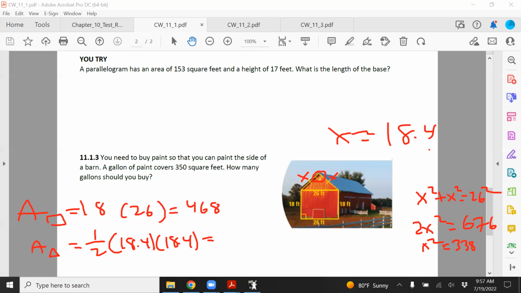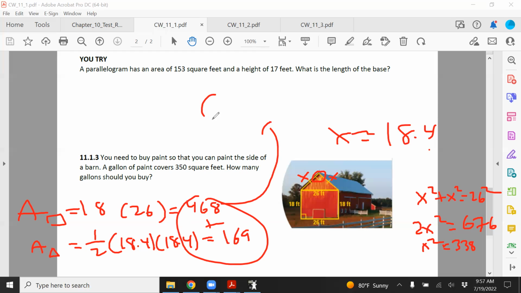So square it times 0.5. I should get 169 actually. Add it up. You should get 637. So the side of the barn is 637 square feet.